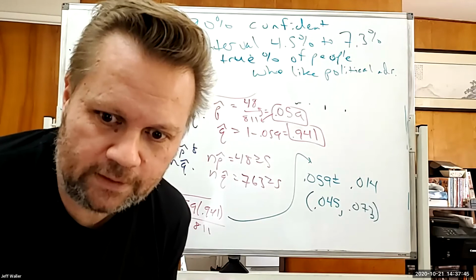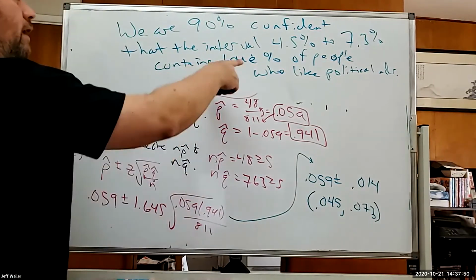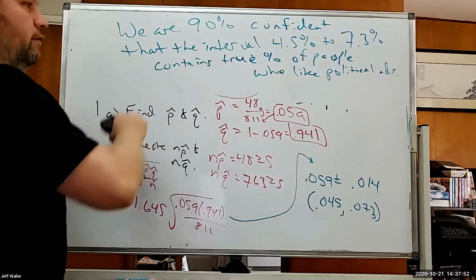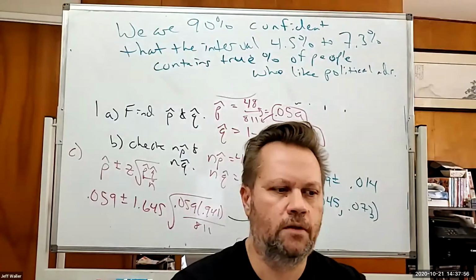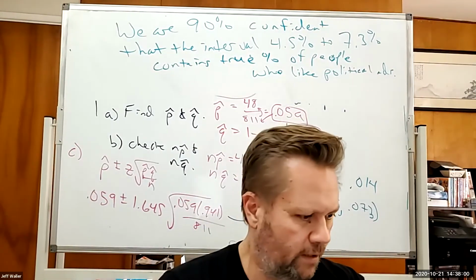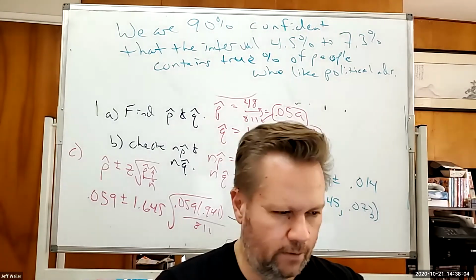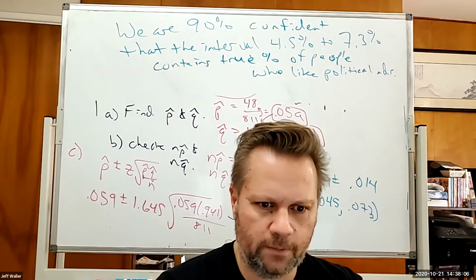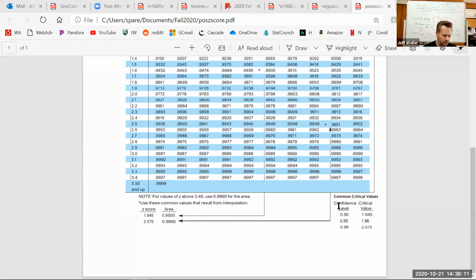How did you find Z for this problem? Oh, yeah. So it was 90% confident, right? You can do this one of 2 ways. If you look at the positive Z-score chart, you can look at the little baby chart in the corner.